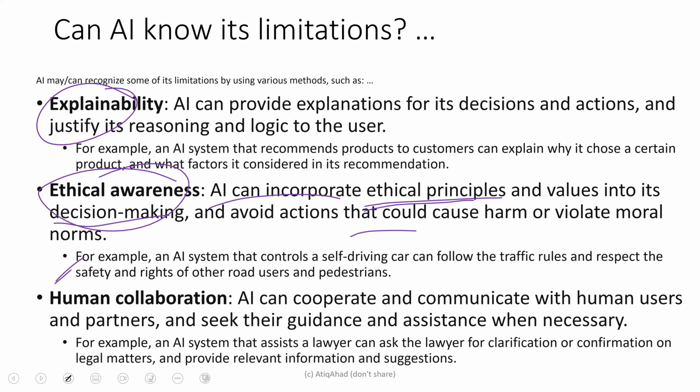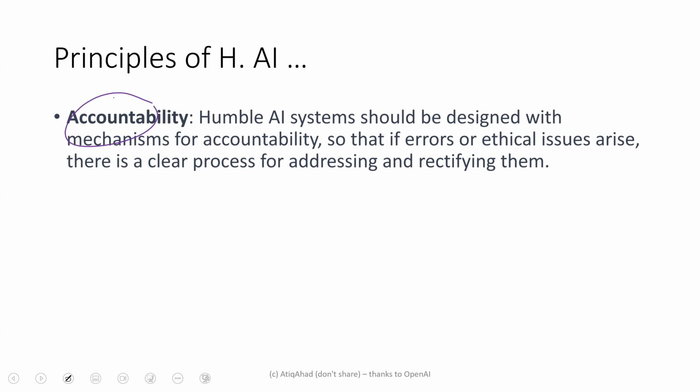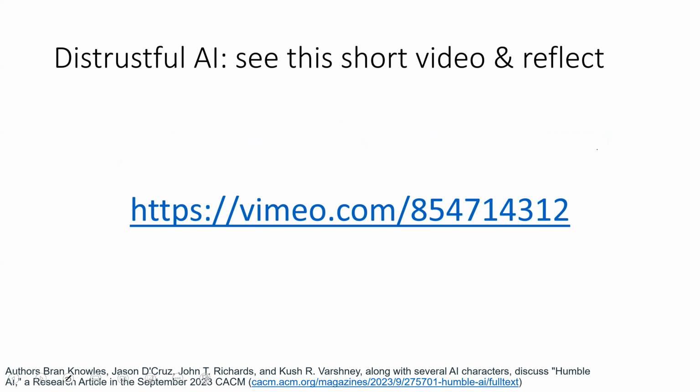So there are some examples you can have a look at. Human collaboration, this is also important. All right, so accountability is another principle of humble AI. We must be accountable for any errors or ethical issues that arise, and there should be a clear process for addressing and rectifying them.